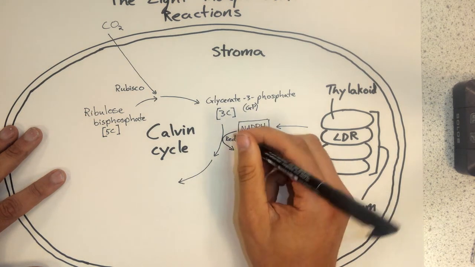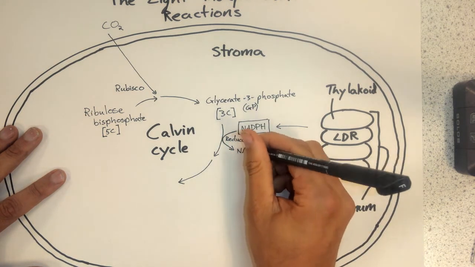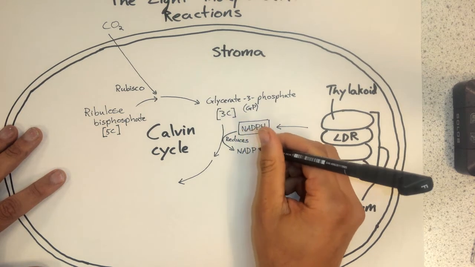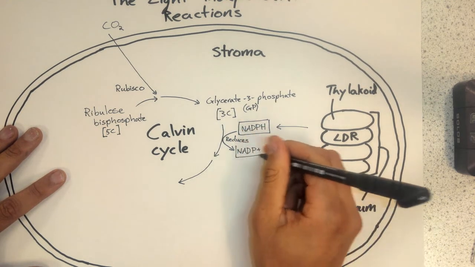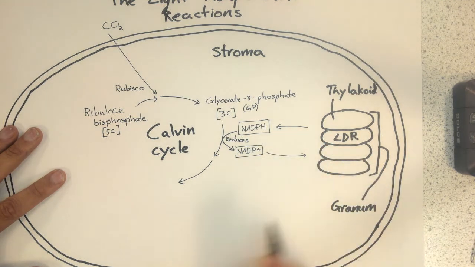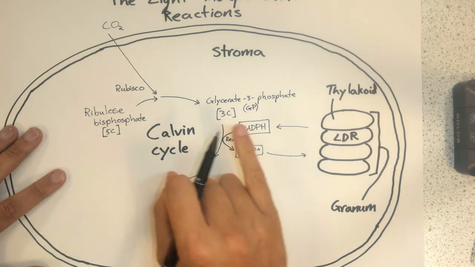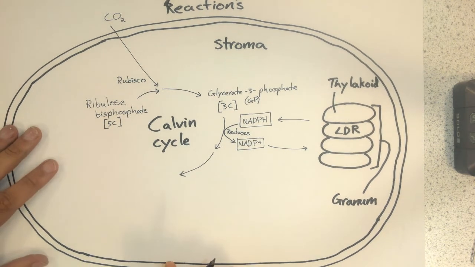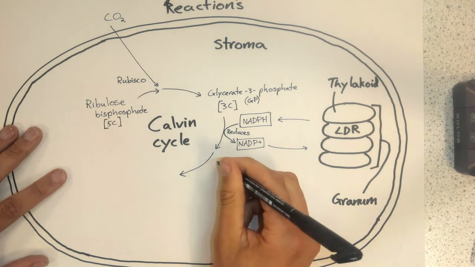This process will release NADP+, which in turn will go back to the light dependent reactions to pick up more electrons. The second thing that happens to the glycerate 3-phosphate is that it is phosphorylated.